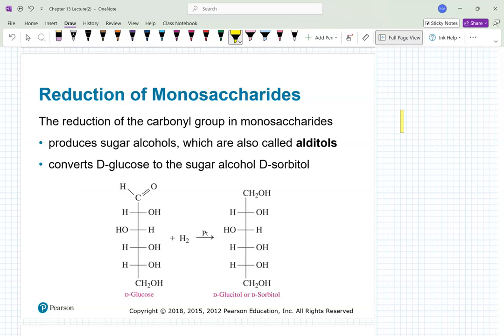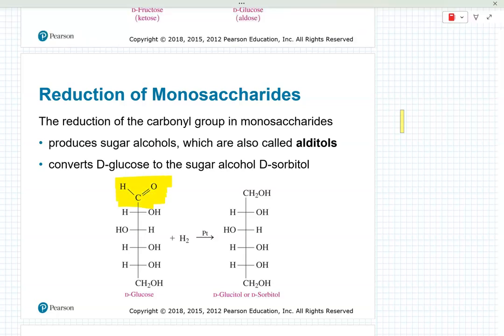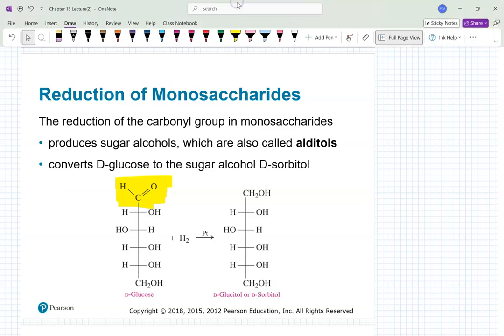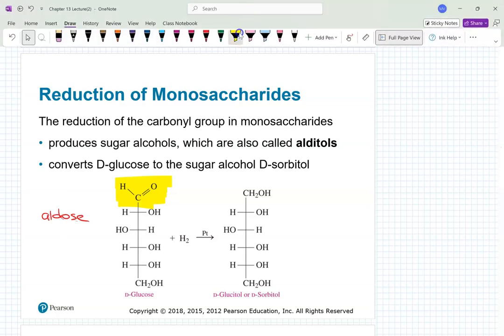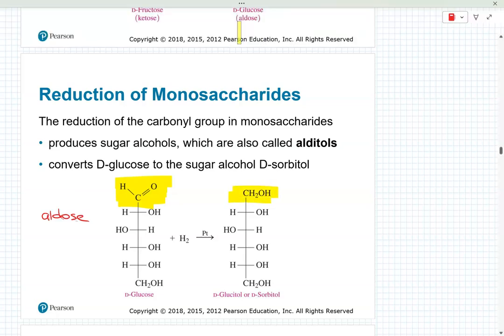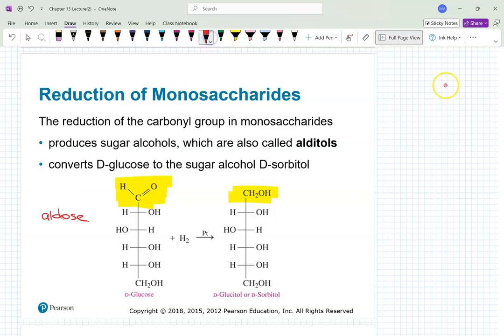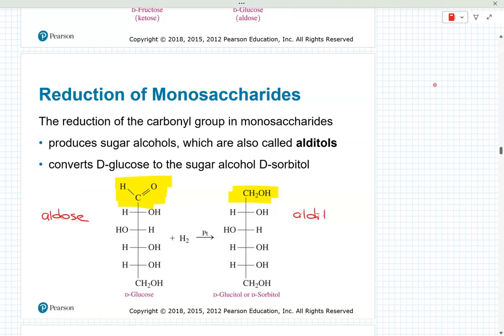So, if you take an aldose, such as glucose, and you reduce it, you produce a primary alcohol, which we call alditol. Okay?